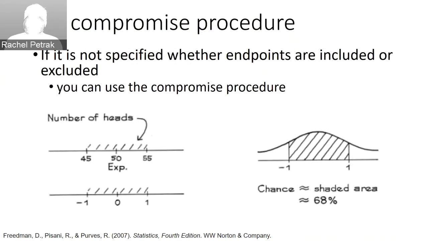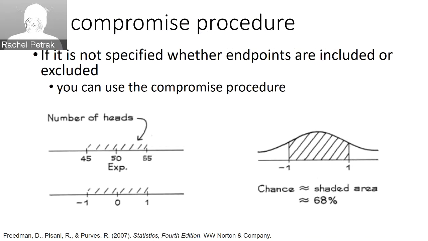However, oftentimes it's not specified whether the endpoints are included or not. The problem might only ask for the chance that the number of heads is between 45 and 55 without specifying about the endpoints. In that case, you can use the compromise procedure, and many of the questions in this class will use the compromise procedure.